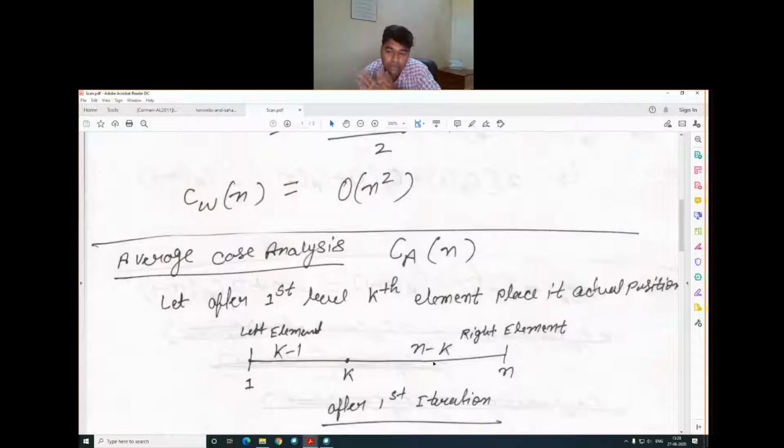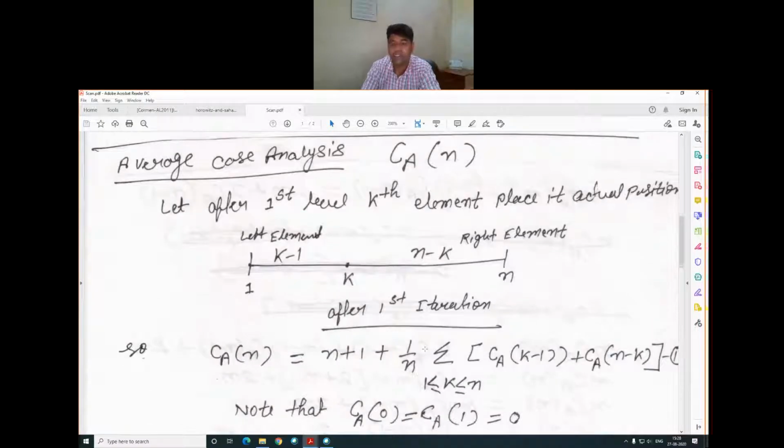This is the mathematical conversion of the first level iteration, the model we are mapping to make a mathematical equation using this scenario. So let's start.